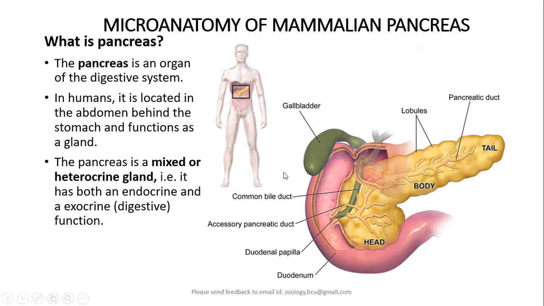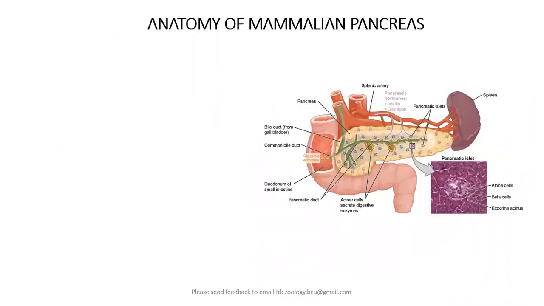But the pancreas is a mixed gland or heterocrine gland. That is, it acts both as an endocrine gland and also an exocrine gland. That means it secretes both hormones and also enzymes.